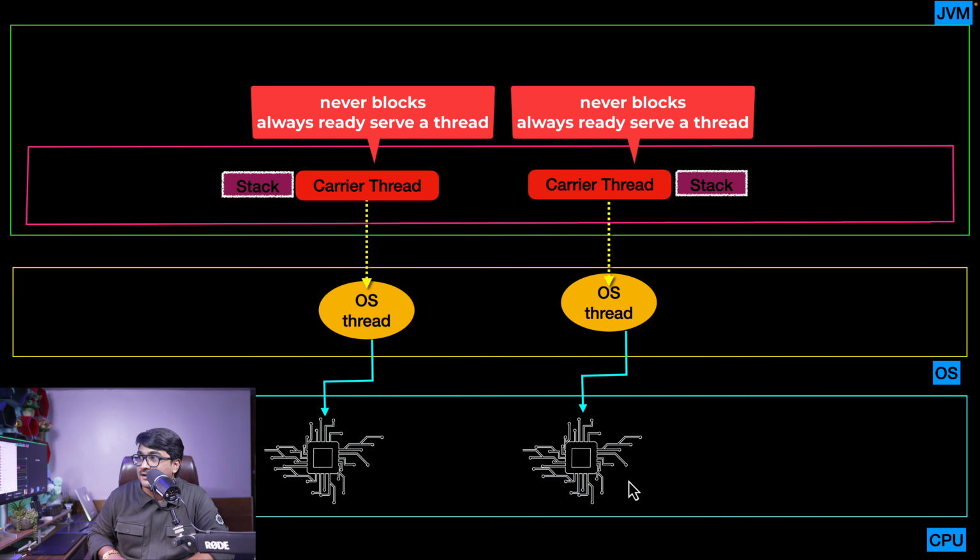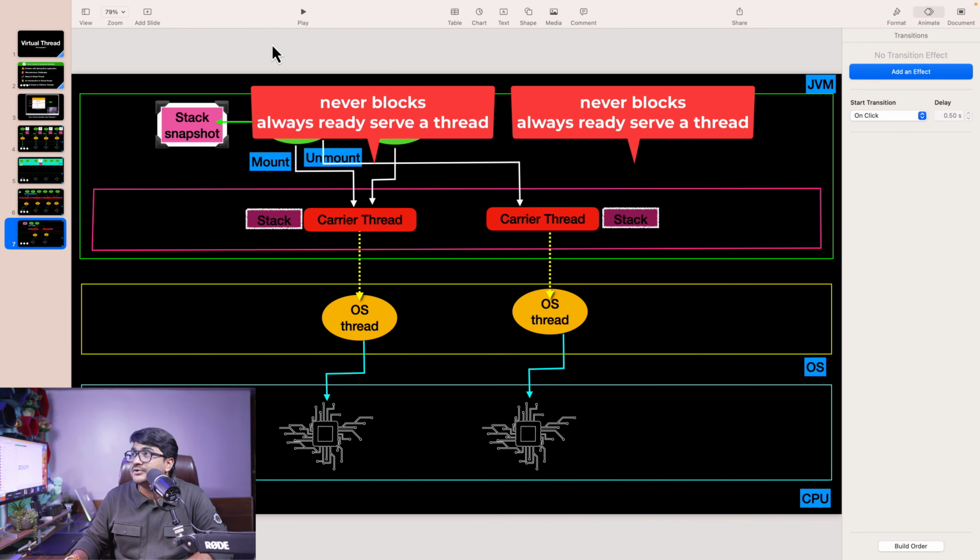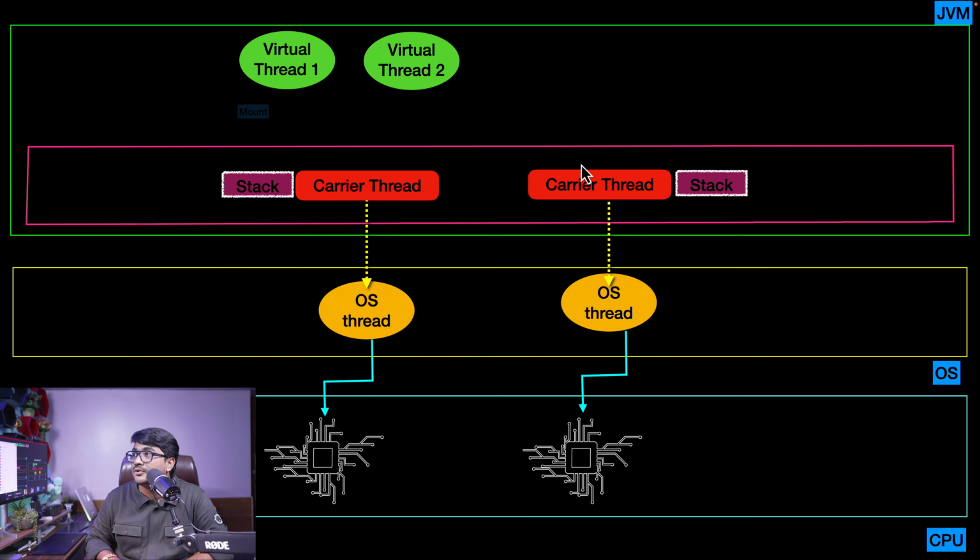And one more thing, guys: what would have happened? Imagine I have this virtual thread attached to this carrier thread and executing, but it is doing some blocking operation. So it is unmounted and a snapshot has been taken of the current stack. Let's say the same carrier thread has been given to another virtual thread which is running.